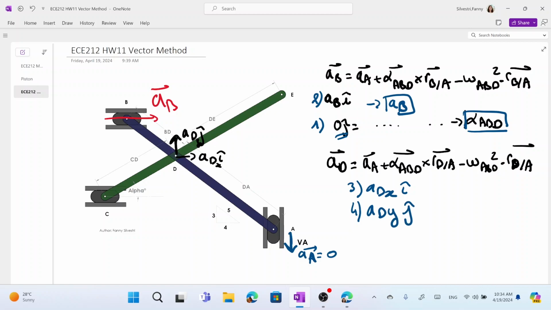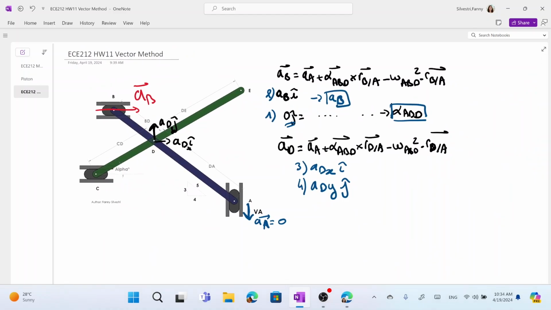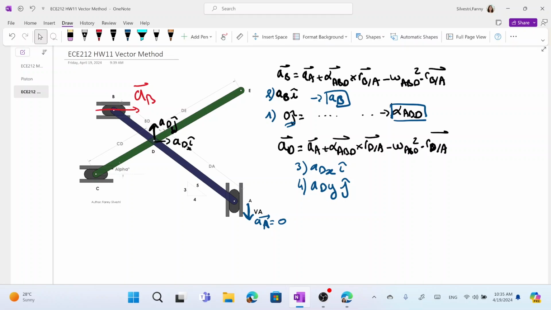That gives us more information. Now we have done that step, we can go to the next rod. Remember, there is 1 alpha, 1 omega per rigid body. So we will need to find, again, alpha. To find alpha, we need to find a way to have just one other unknown in your equation.